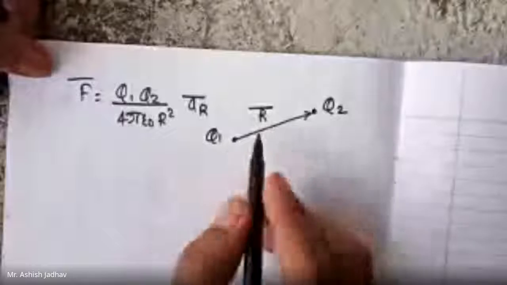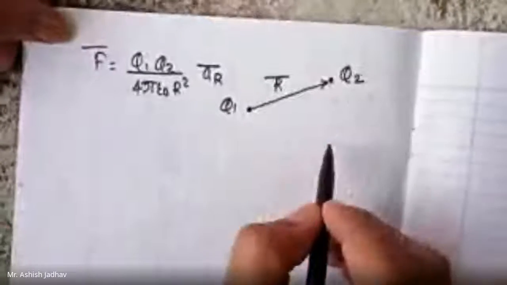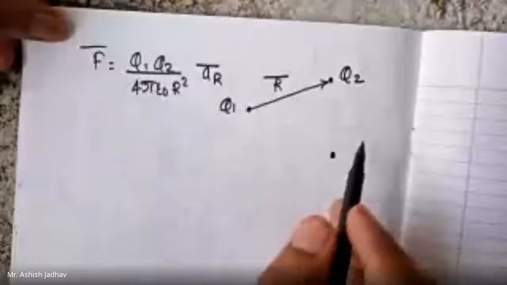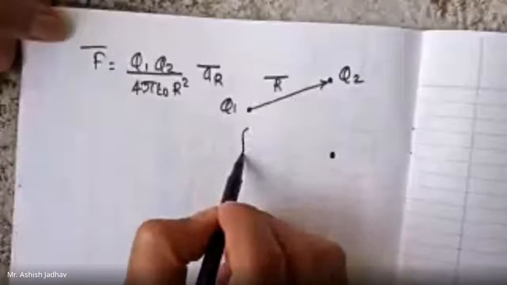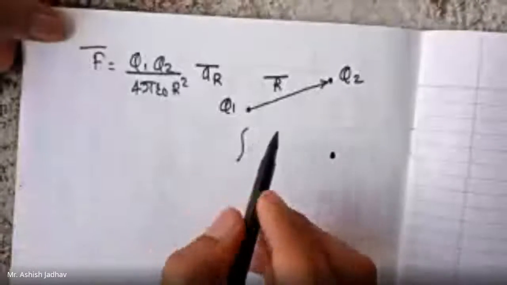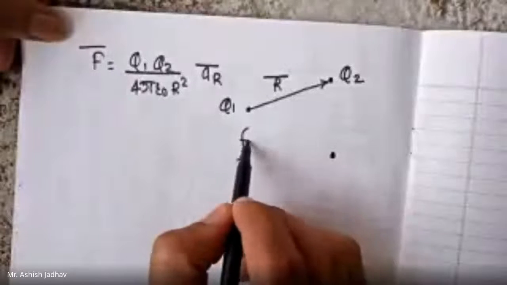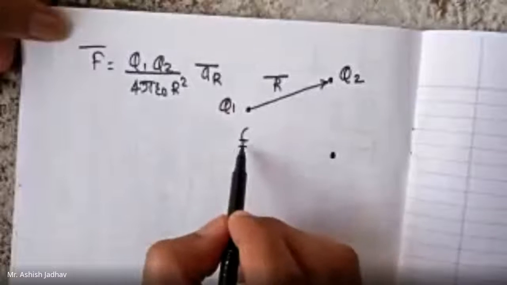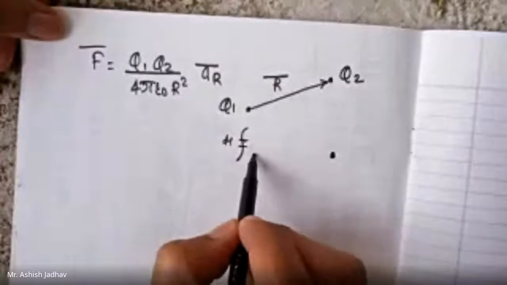But sometimes we have different charge configurations, such as we want to know the force at this point, and you are having a charge configuration such as a line charge. For that reason, you can select a small segment of this line and treat this small segment dl as a small point charge dq.